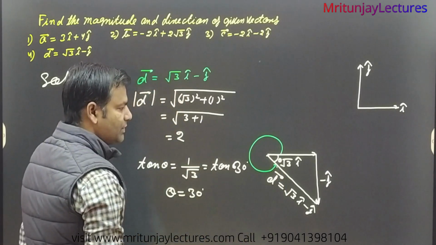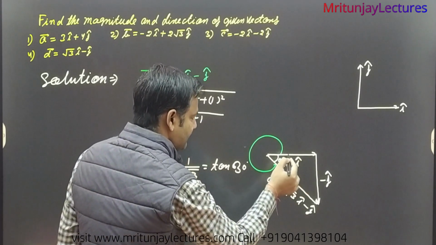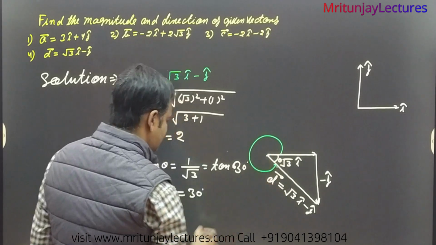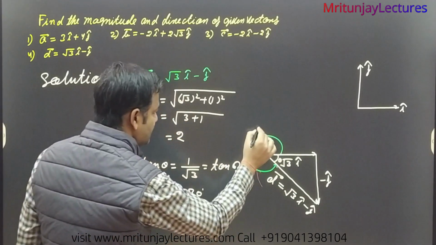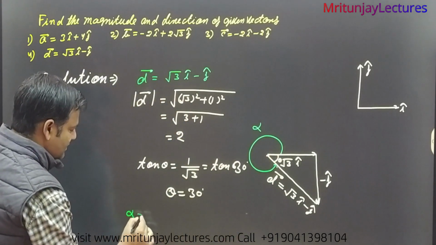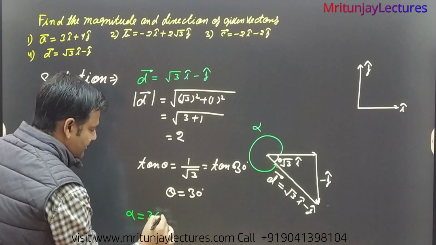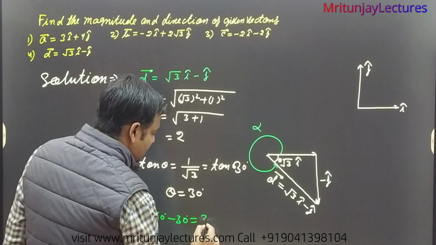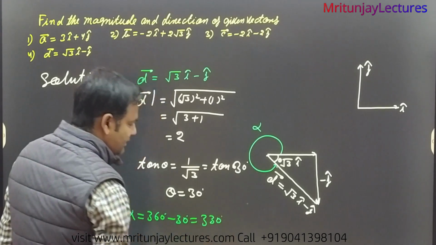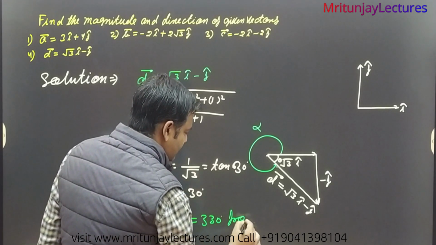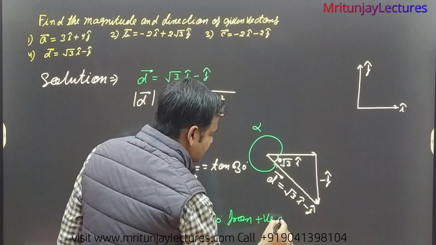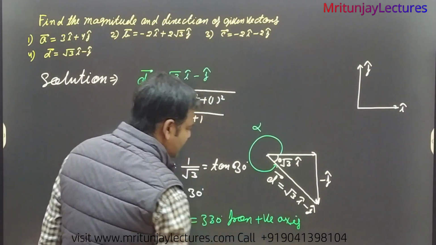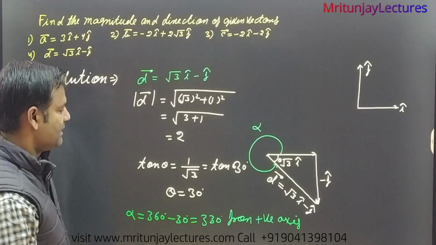The total angle is 360. If you consider alpha, it is 360 minus 30, which is 330 degrees from the positive x-axis. This is the final answer.